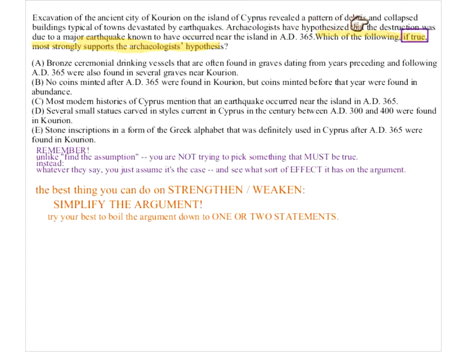Archaeologists have hypothesized that the destruction was due to a major earthquake known to have occurred near the island in AD 365. So if we simplify, a simplified argument has the following format. The only premise we've got is Korean was destroyed by an earthquake.